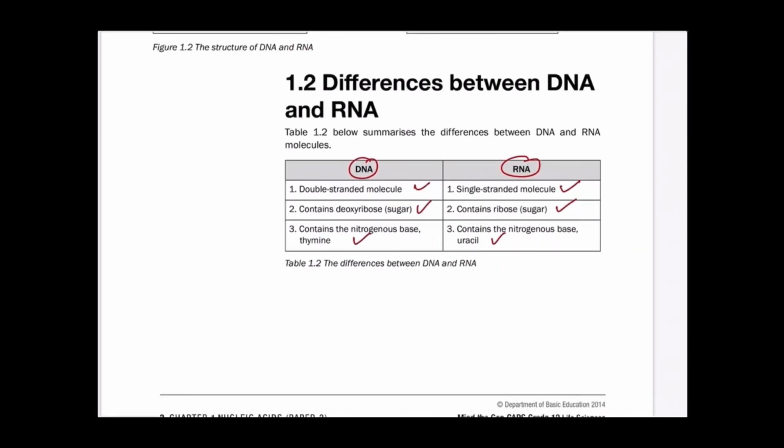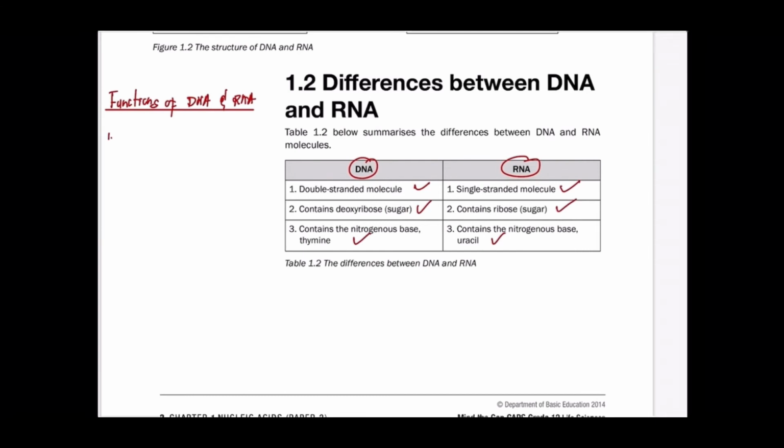So what exactly are the functions of DNA and RNA? There are basically 5 main functions of DNA and RNA.